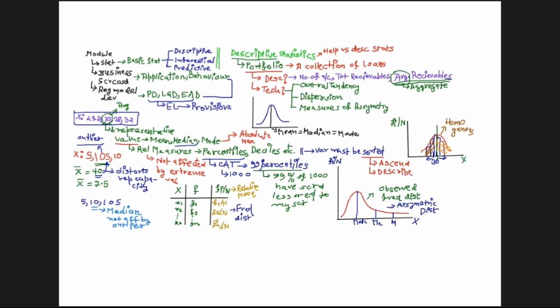Now, from there, we said that to have an understanding of the modeling techniques, one broad method that we need to understand is the statistical procedures, the basic statistical sections.